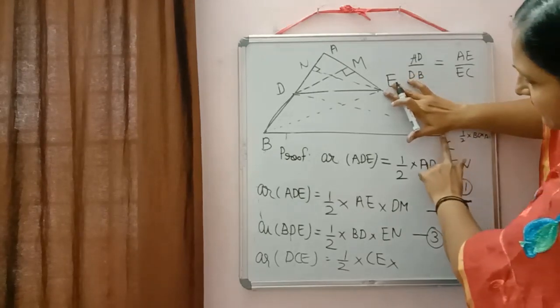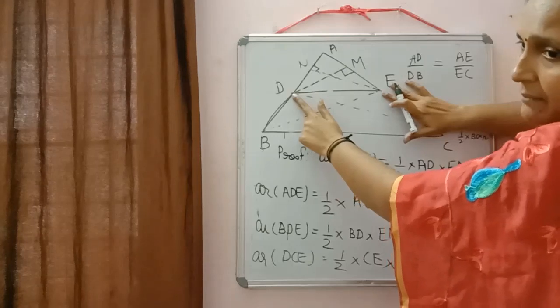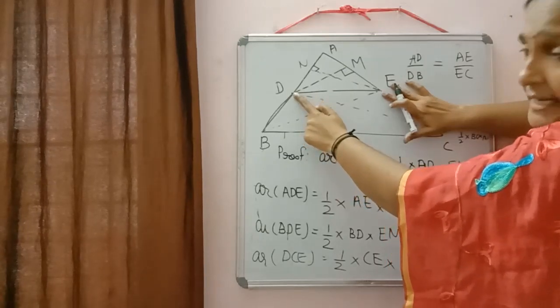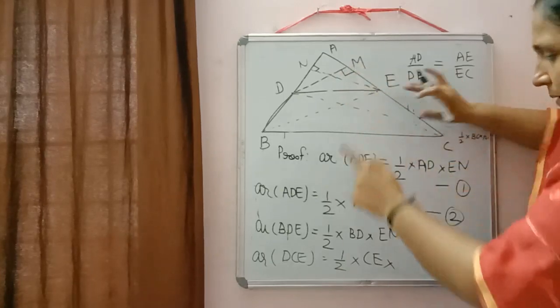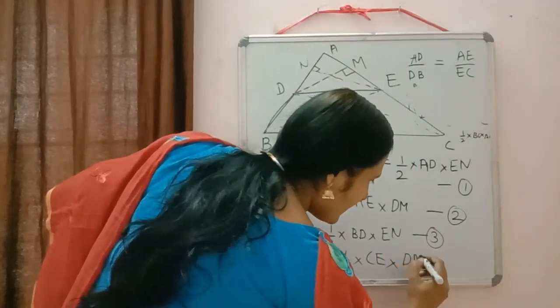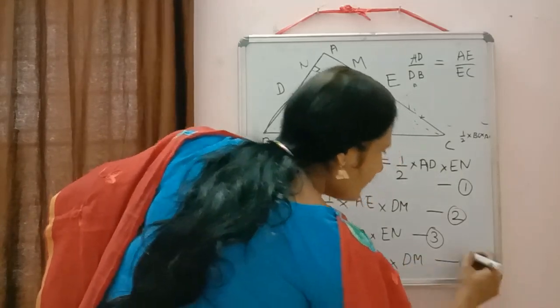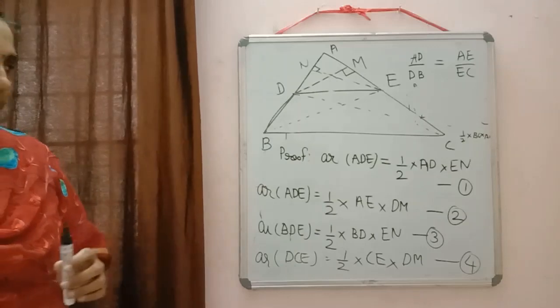Which point is remaining? The point D. From the point D, the perpendicular we have is DM. So the height will be DM. Make it equation number 4. So we have calculated the areas of these triangles.